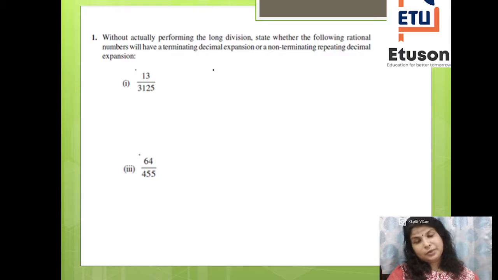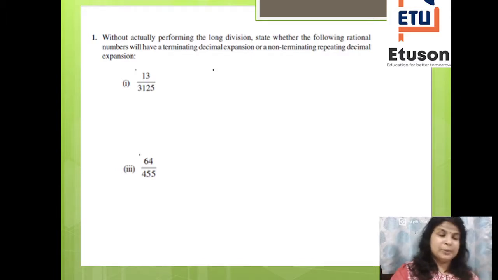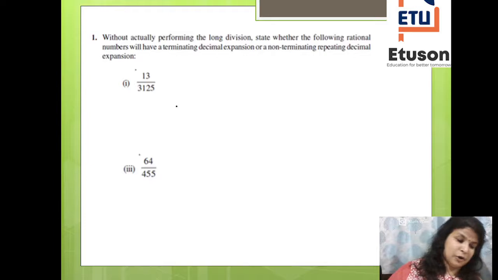So just now I told that for this, you have to just factorize your denominator, that is q. This is in the form of p by q. You have to check whether this q can be expressed in the form 2 to the power n into 5 to the power m or not.